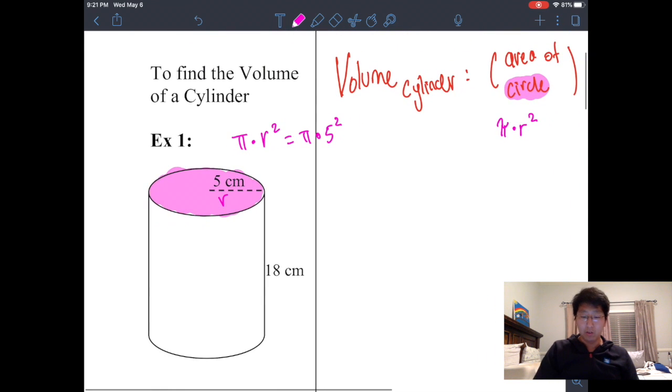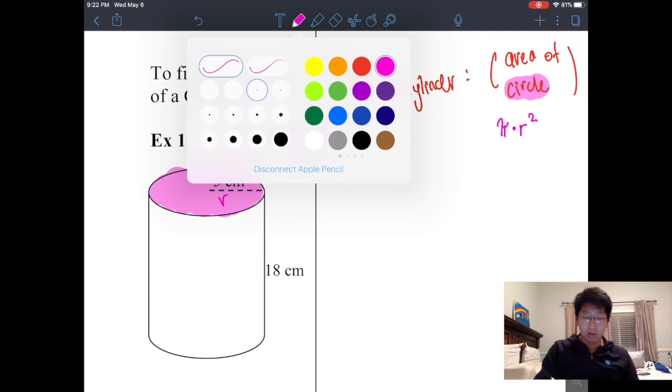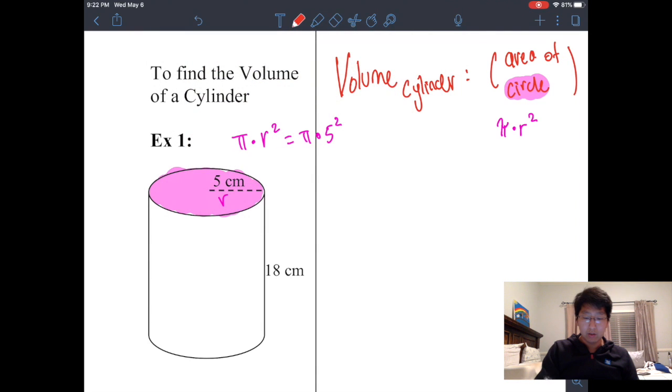Okay, so the volume here is pi r squared times the height. So volume equals pi times 5 squared. That's all going to be multiplied by 18 because the height is right here.